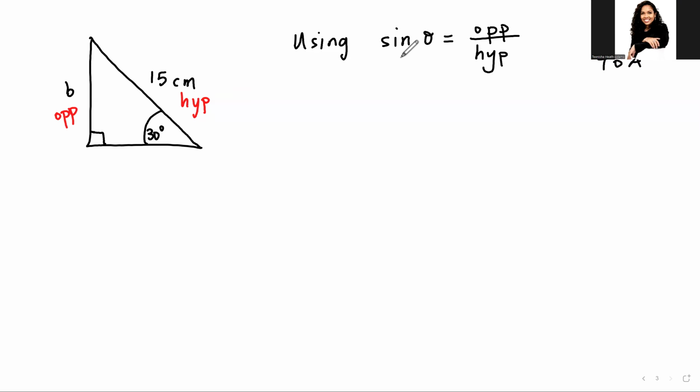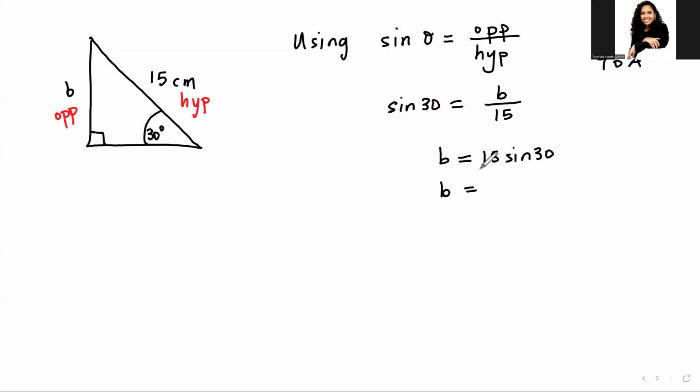My angle of interest is 30 degrees, so sine of 30 is equal to the opposite side, B, over the hypotenuse, which is 15. Therefore, B would be equal to 15 times sine of 30, and you type that directly into your calculator.